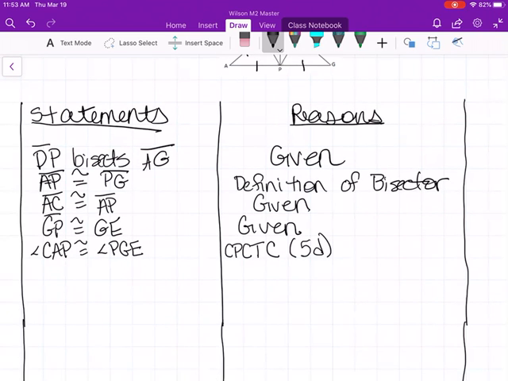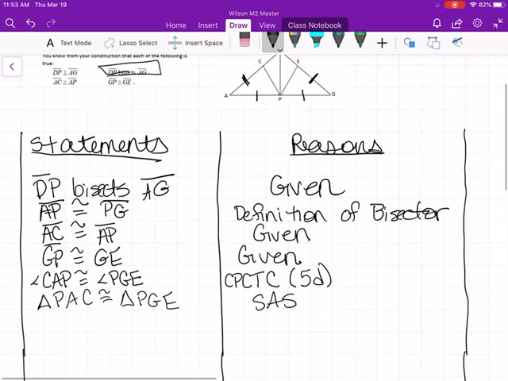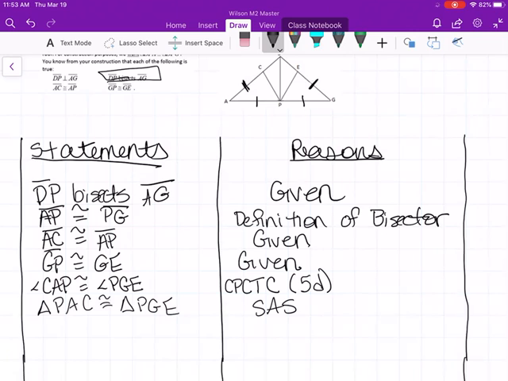Next, I now know that triangle PAC is congruent to triangle PGE, and I know that from side angle side. So if you look up here on the figure, oh, I forgot to mark that one. So those are the angles that we just proved by CPCTC. So now what we have is triangles that are congruent to each other.